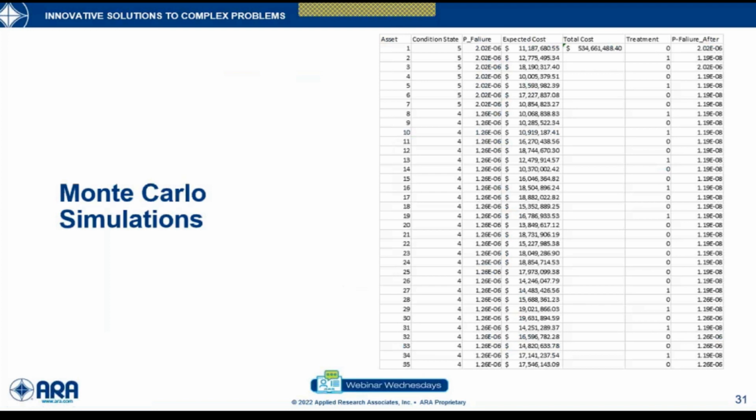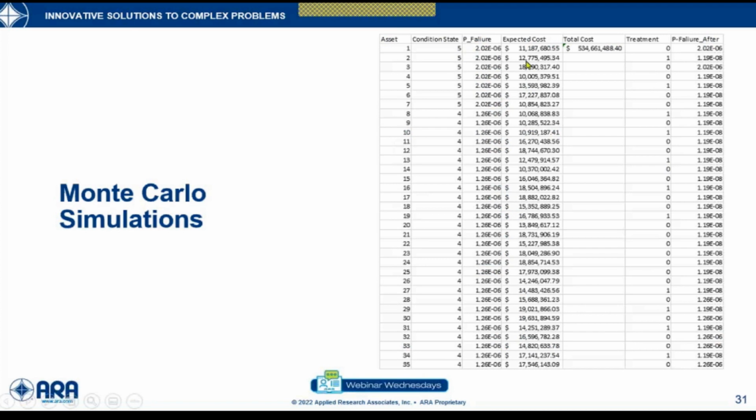Now here we go back to our hypothetical example. Here is a table of the assets that we have, again, condition states, and by the way, this table continues to include many other assets. So let's say we have a group of assets, the first 7 assets have a condition state of 5 this year, and so on, and it drops to 4, and again, the table continues dropping to lower condition states, and that relates basically to the probability of failure, okay?